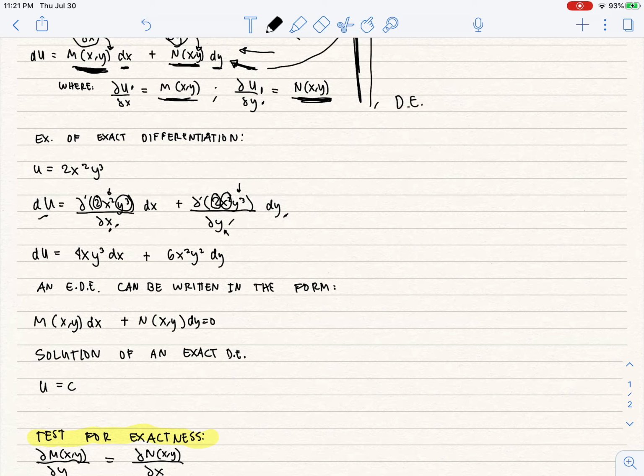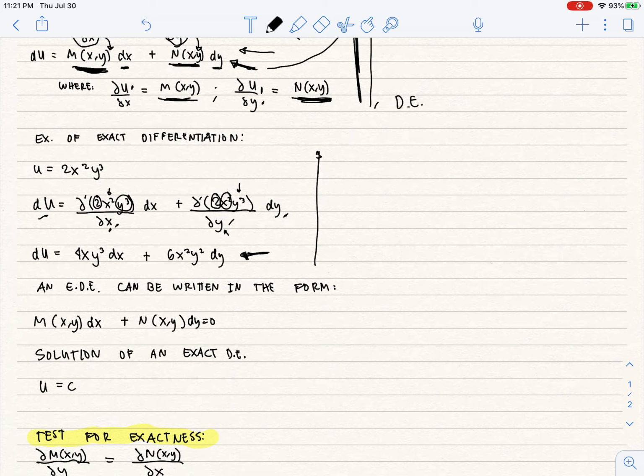The derivative of that with respect to y is just this value right here, then of course multiplied by dy. Now we reverse this, because this is what we get when we solve derivatives. Then we reverse the process.